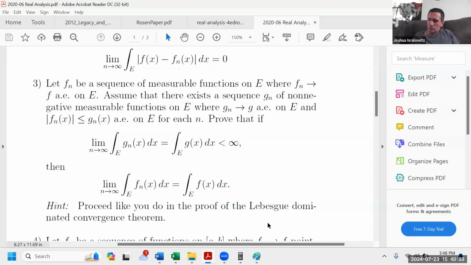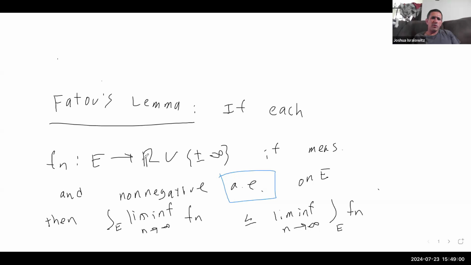This is what I'm going to prove using this generalization of Fatou's lemma that you should probably brain into your brain, namely that you only need to assume these are non-negative almost everywhere.